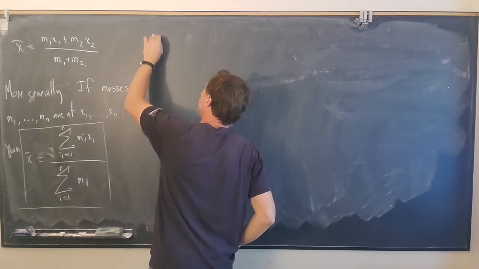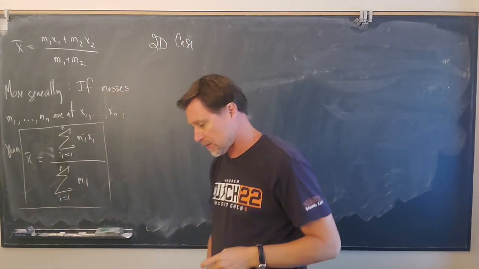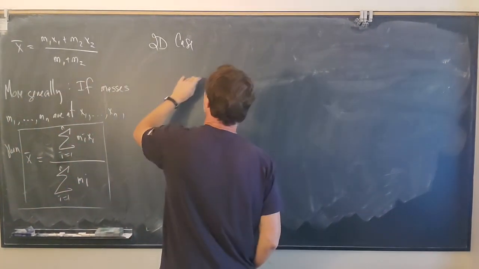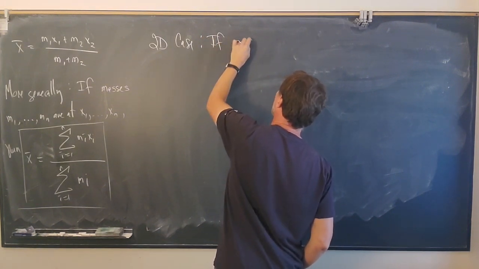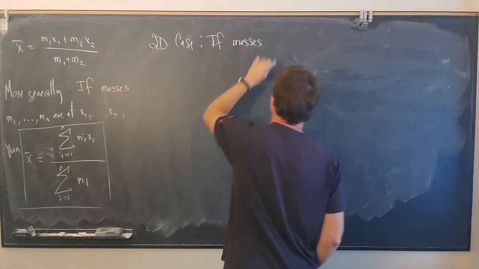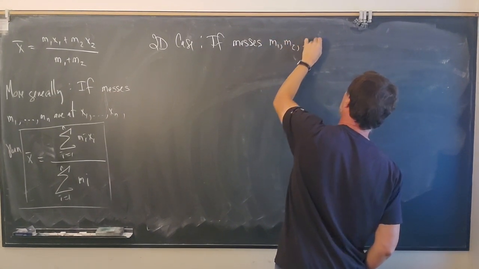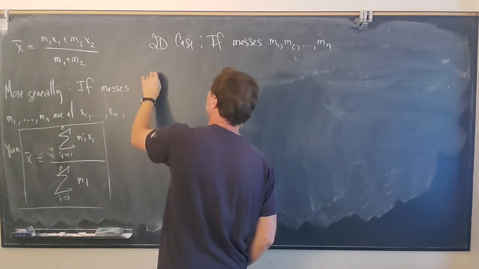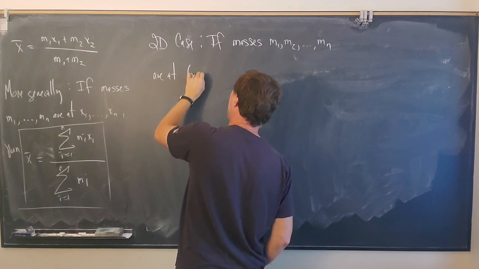So, 2D case. Now we're going to arrange our masses. So let's say masses m1, m2, up to m sub n are at the following positions, x1 comma y1.